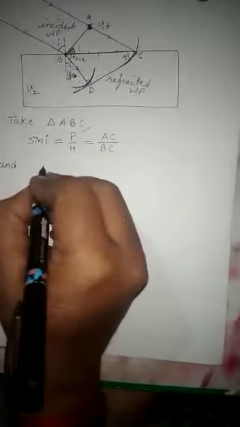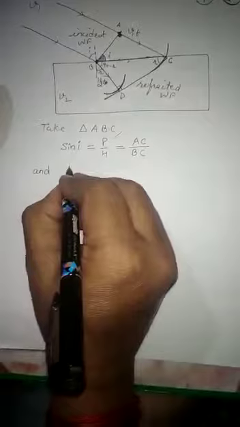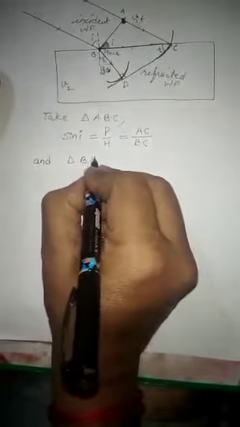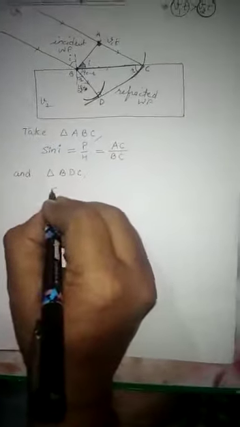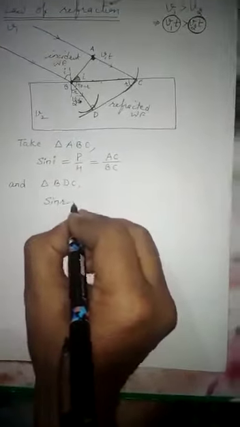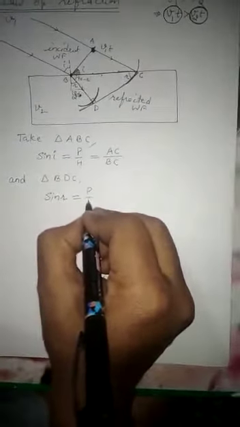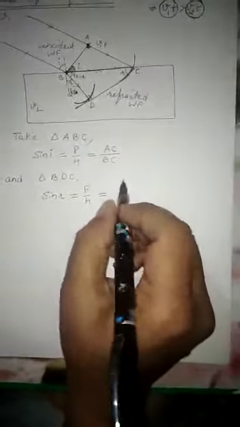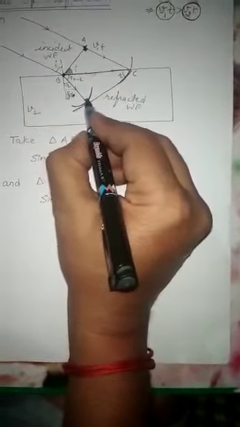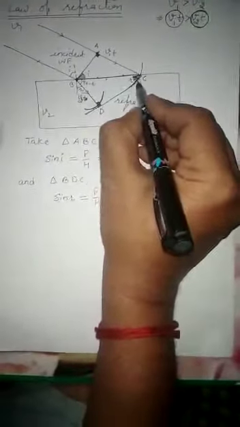And for angle R, we take triangle BDC. In BDC, sine of R is equal to, again, perpendicular by hypotenuse. Here this is a 90 degree, here is the angle R, this becomes the base, this becomes the perpendicular.